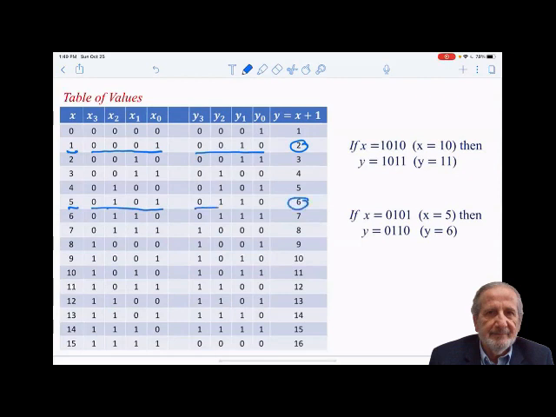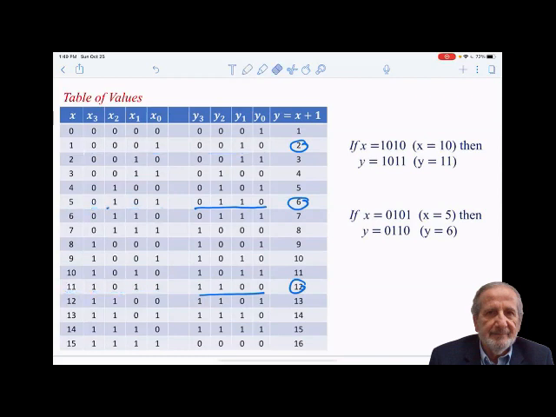Y is 6, 0, 1, 1, 0. And so on. 11, 1, 0, 1, 1. 12, 1, 1, 0, 0. And the question in this example is we need to express those Y0, Y1, Y2, Y3 as functions of X0, X1, X2, and X3.